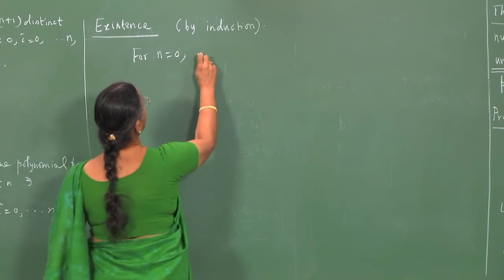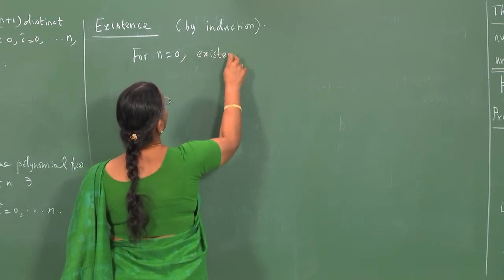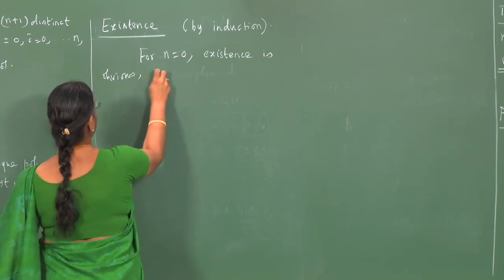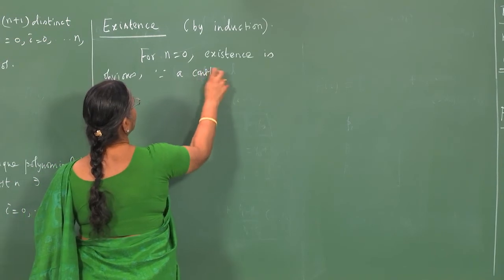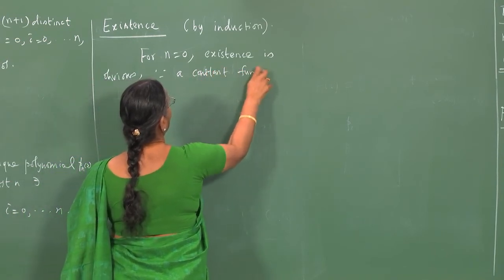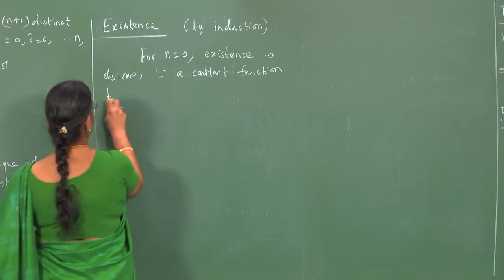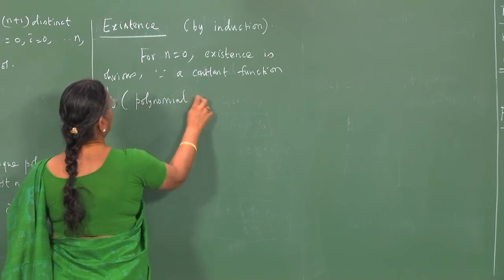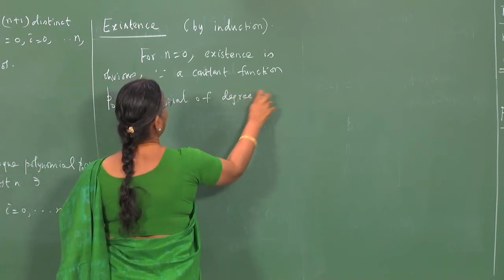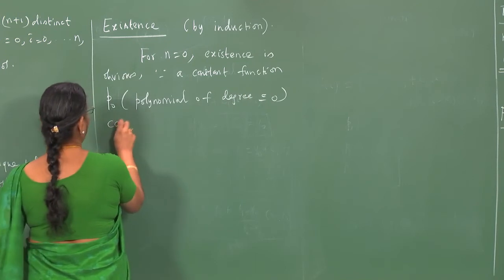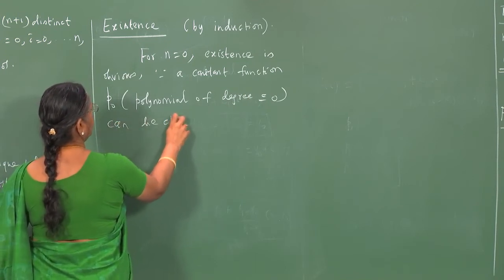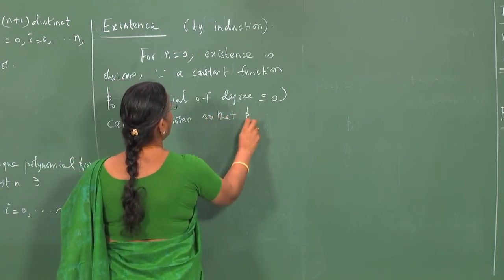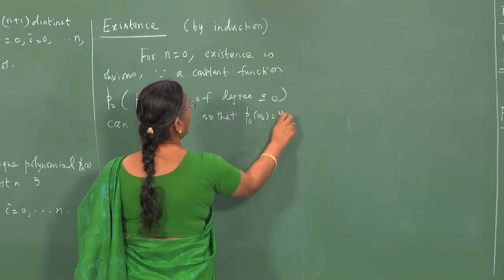So, for n equal to 0, the existence is obvious in the sense that a constant function p naught, namely a polynomial of degree less than or equal to 0, can be chosen such that p naught of x naught is y naught.